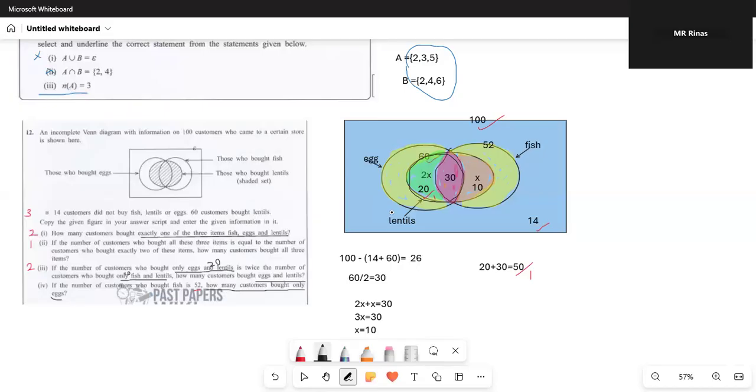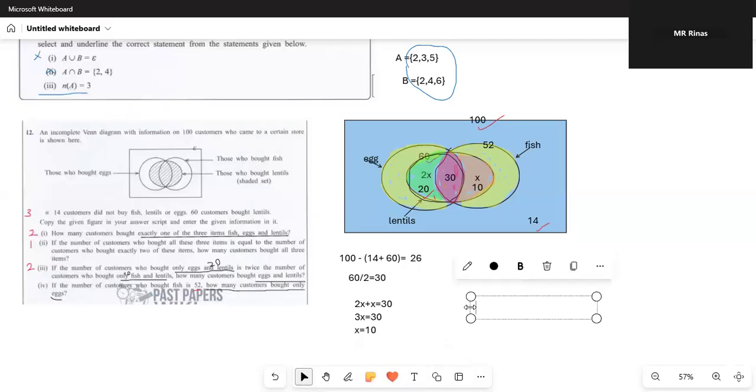Now from this you can find how many customers bought only fish. Right? How can you find that? So the total number of customers who bought fish is 52. From that I am going to subtract. Here, for this fish circle you have 30, and here you have 30 and 10.